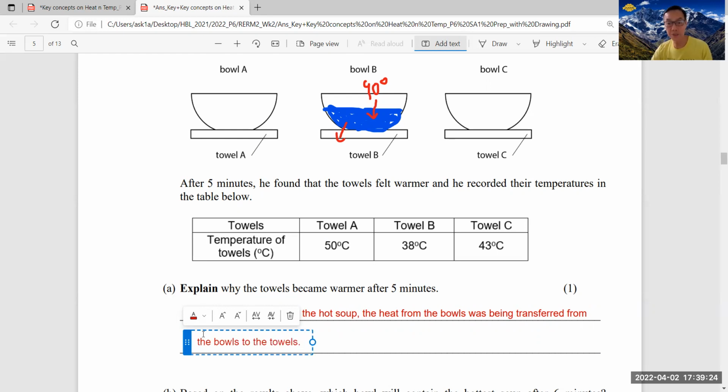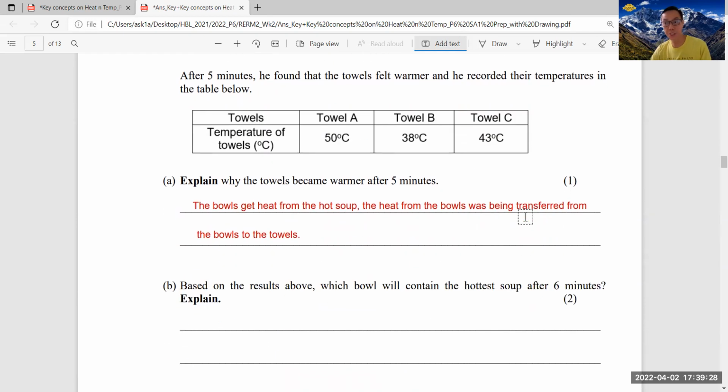Okay, there's another alternative answer because some schools do not teach heat transfer. So instead of writing heat transfer, you can say this part: the towels gain heat from the bowl.